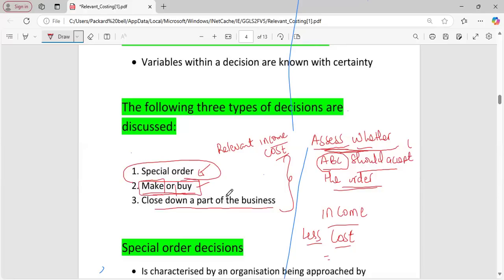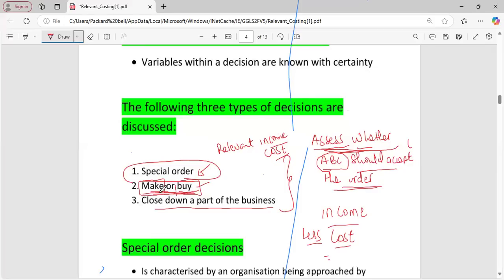If the relevant cost of making the product is less than the relevant cost of outsourcing, then you need to make the product. When you are given two options to choose from, you calculate the make and you calculate the buy. It's a cost here we are talking about.